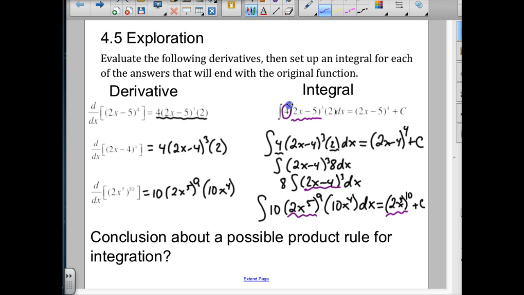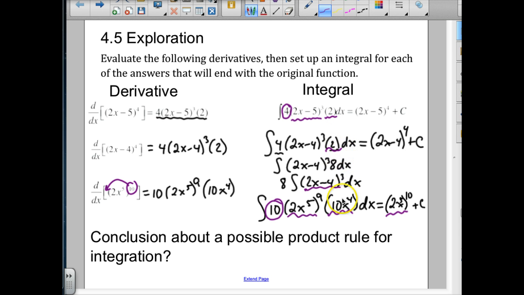And notice that this 4 is not there, because that was the power that we put out in front for the derivative, so it's not there in the antiderivative. Or likewise, this 10 came from this 10 that we put out in front, and now it's not there when we integrate. And where does this come from? Or this 2?